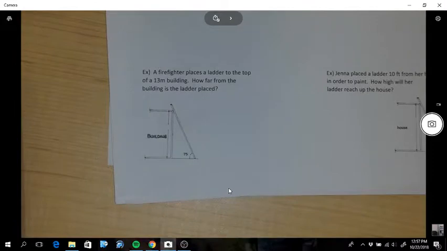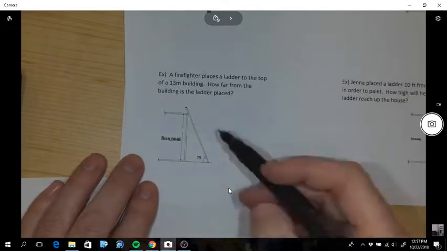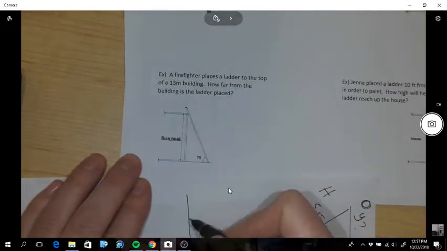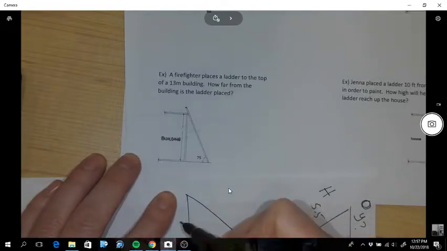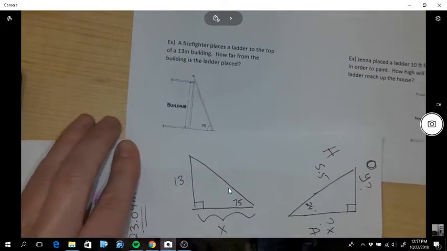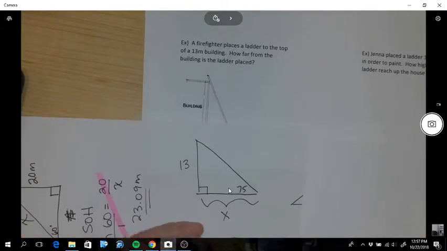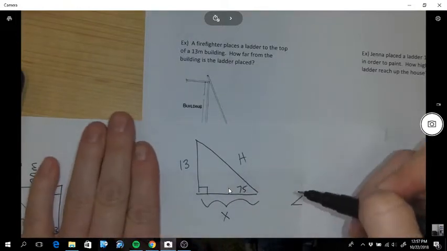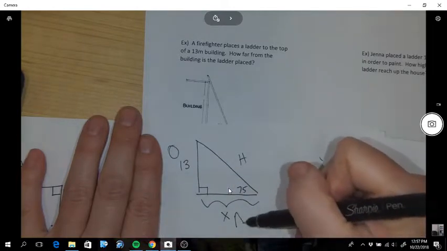Let's do this one right here. A firefighter places a ladder to the top of a 13-meter building. How far is the ladder from the building? So there's my triangle. I'm going to say that this is my H, this is the opposite, and this is the adjacent.